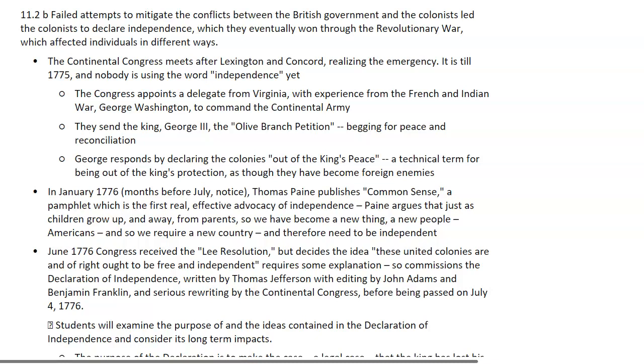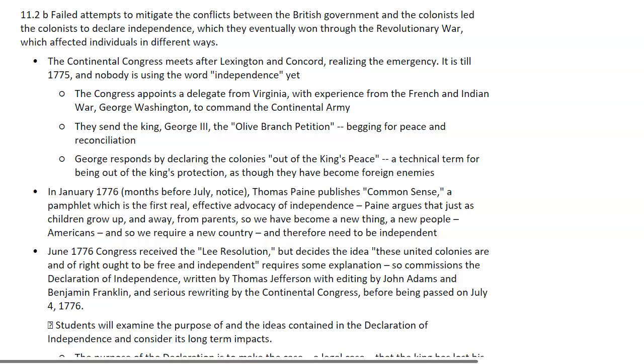In January of 1776, okay, now we are in January of '76, months before July, notice, Thomas Paine publishes a pamphlet, Common Sense, which is the first time you really get people saying the word independence.